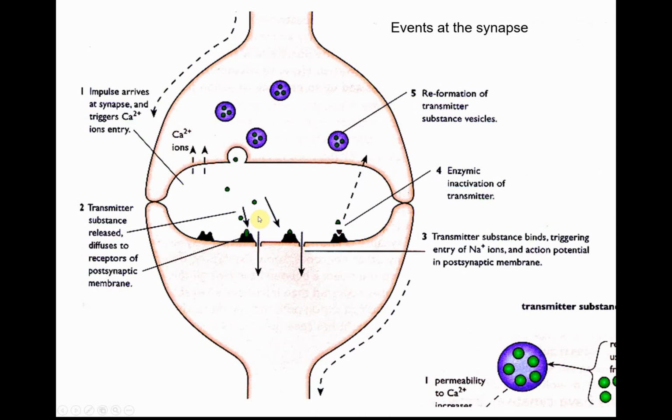Sodium ions then move into the postsynaptic neuron across the postsynaptic membrane, causing the postsynaptic membrane to start to depolarize or create an excitatory postsynaptic potential. And if that reaches threshold potential, you get an action potential.